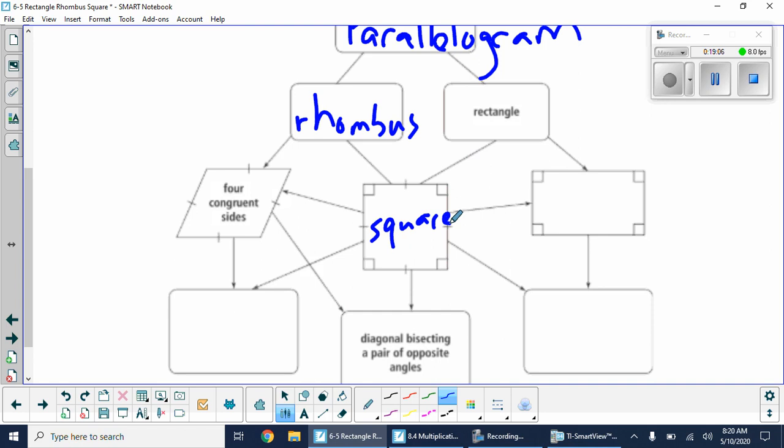When you have a rectangle, we know that there are 4 right angles. You put those together, they make a square. And then here, a rhombus has 4 congruent sides. So if you have 4 equal sides and 4 right angles, then you have a square.